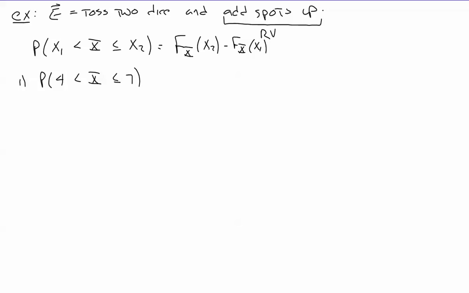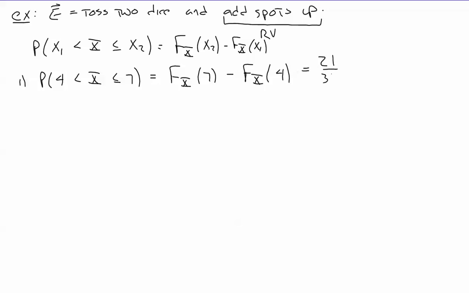What's the probability that my random variable lies between 4 and 7, exclusive of the endpoint 4 and inclusive of the endpoint 7? This is simply the cumulative distribution function evaluated at 7 minus the cumulative distribution function evaluated at 4.